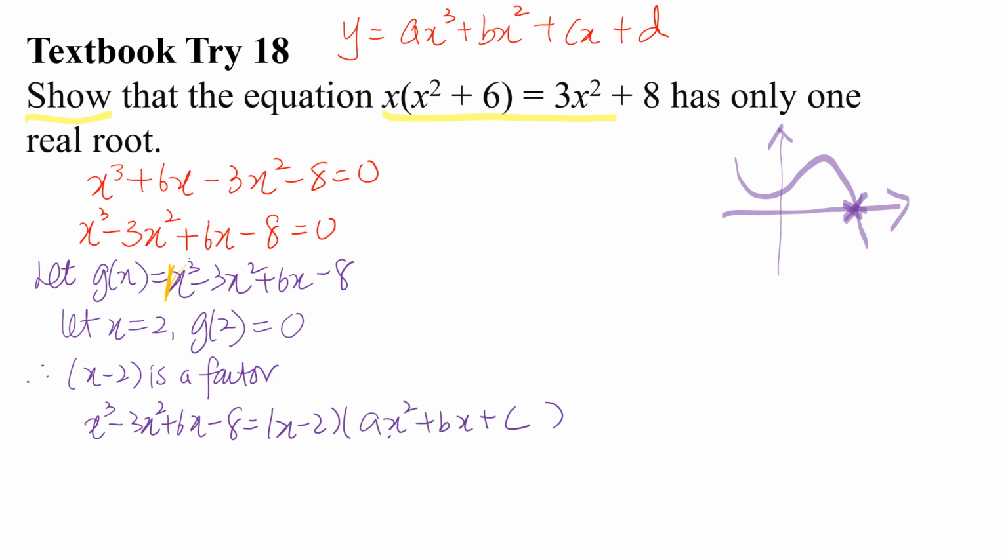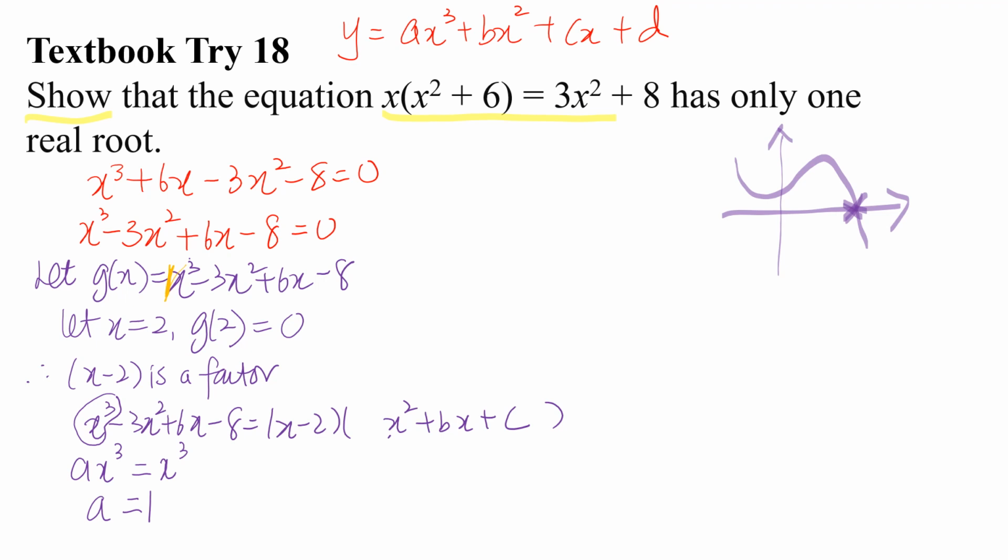We're going to find the first term. So this multiplied by this will be ax cubed, which will be equal to your x cubed term here. Divide by x cubed on both sides, so a is 1. I'm just going to replace this with 1.